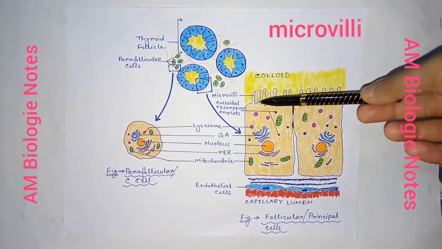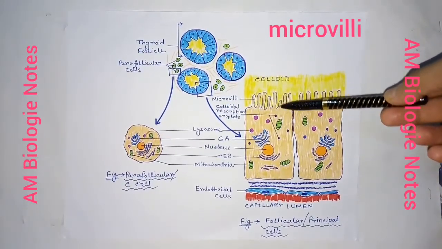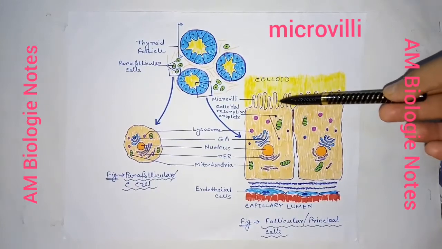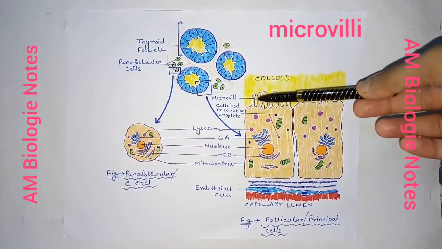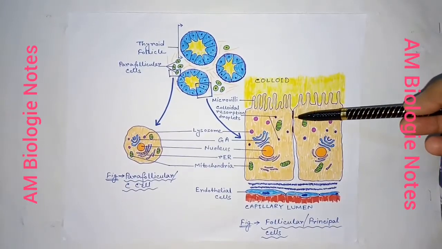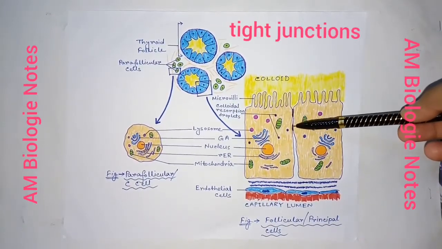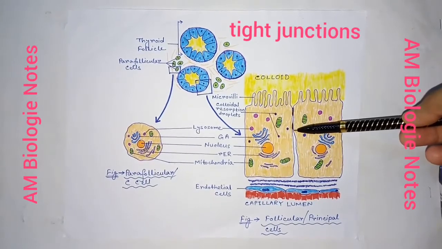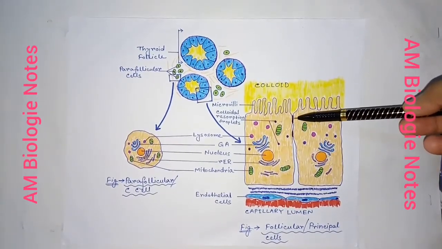The apical membranes of the follicular cells which face the lumen or colloid are covered with microvilli. These are microvilli. The lateral membranes of the follicular cells are connected by tight junctions which provide a seal for the contents of the lumen.